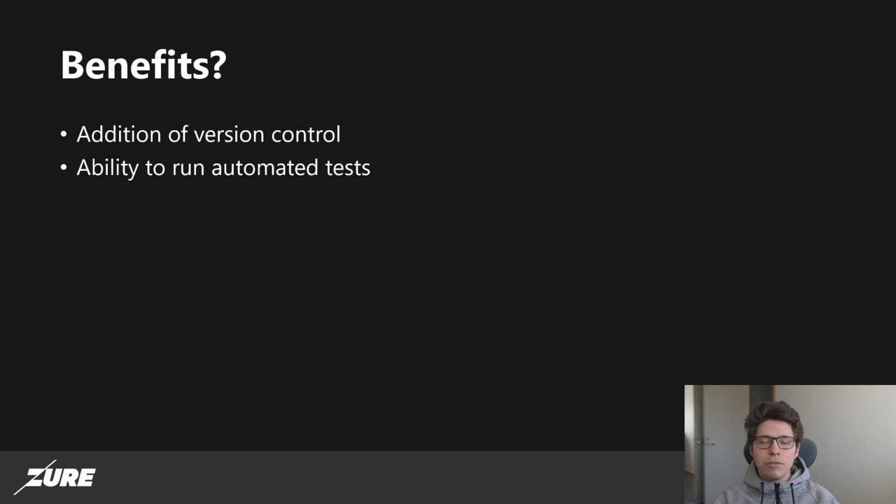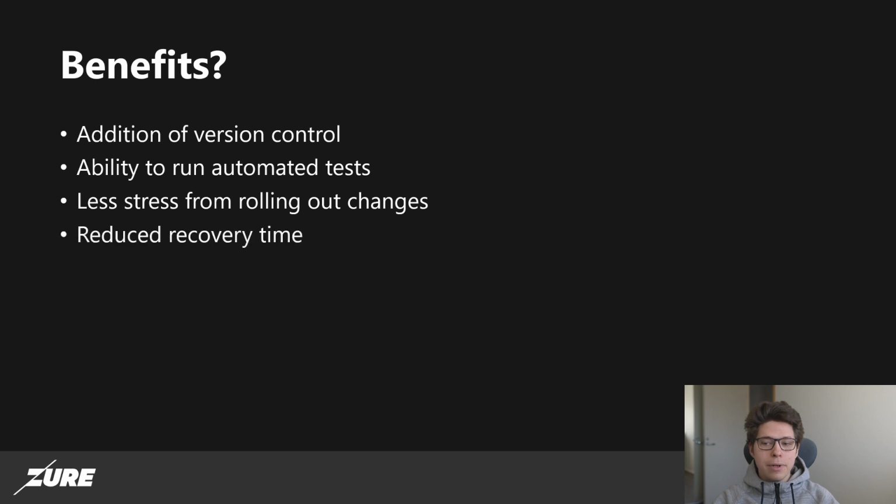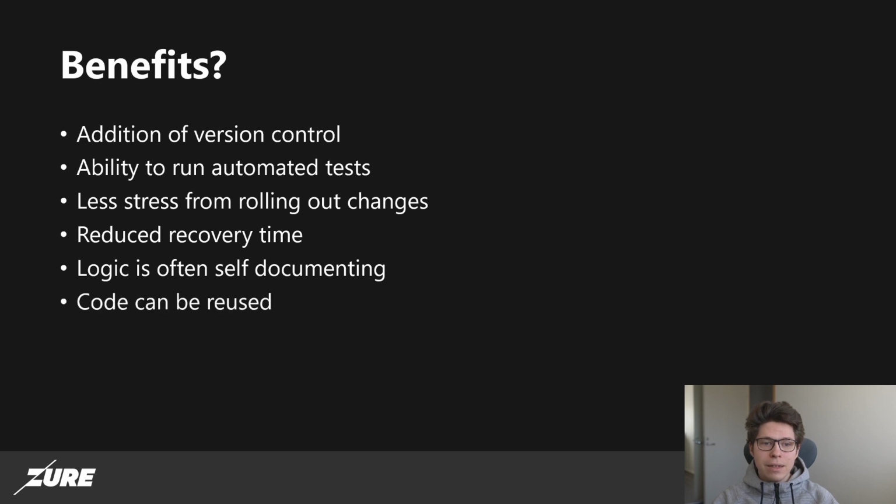We also get the ability to run automated tests against our code. And we get less stress from rolling out changes and reduced recovery time as well. If you make it so, your logic can also be self-documenting, and as everything is in code, it can be easily reused.